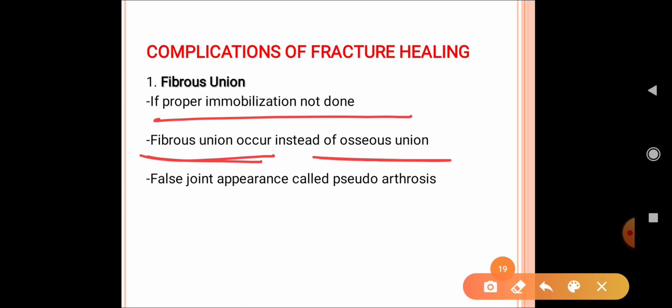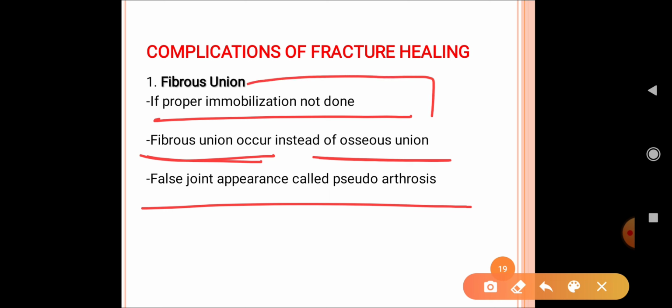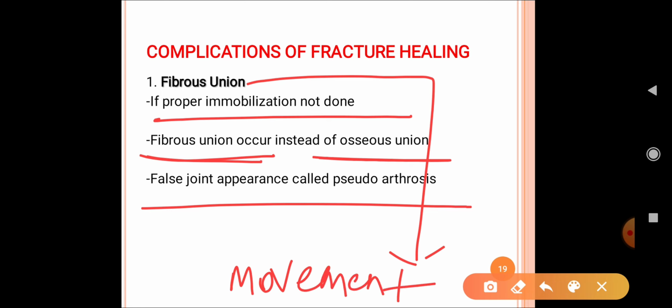The osseous callus will not form. Instead, you are having the fibrosis only, and that is known as fibrous union, and that will give the appearance of pseudoarthrosis in the joint. And because of fibrous union, you cannot do the movement. Your movement will be restricted, and it can be painful.